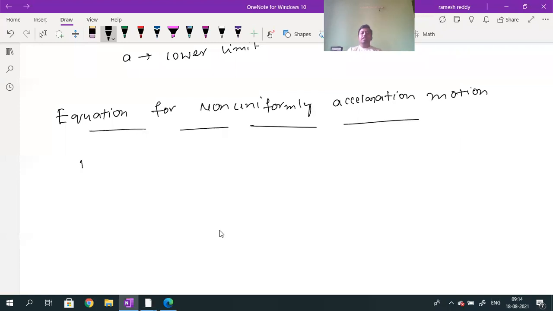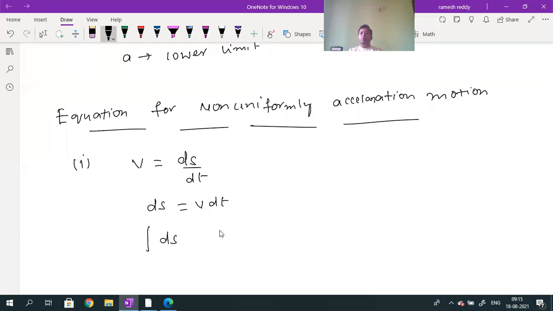Whenever it is non-uniformly accelerated motion, what are the equations given by? The first equation: we know the instantaneous velocity v is equal to ds by dt. From this, ds is given by v dt. Can I apply integration on both sides?